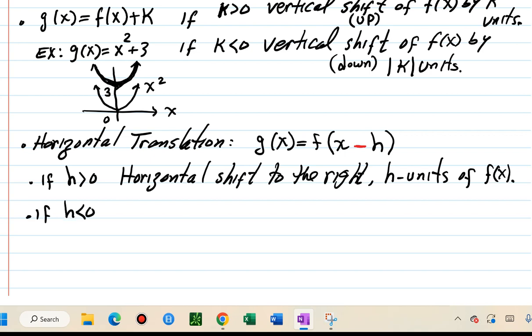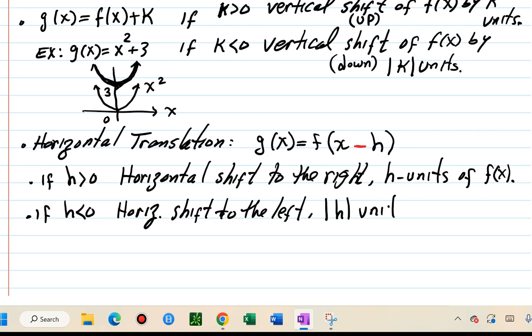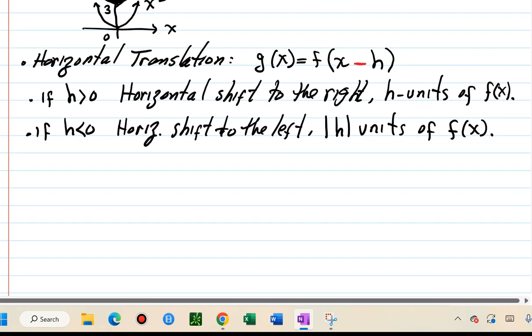If h is negative, then we will have a horizontal shift, this time to the left, absolute value of h units of the original function f of x. Okay, so that's going to be the translation we're going to talk about.